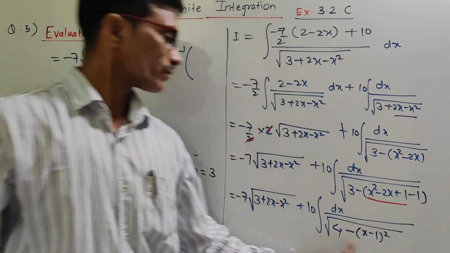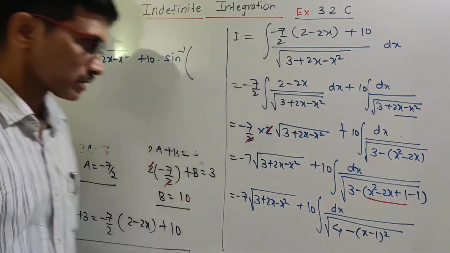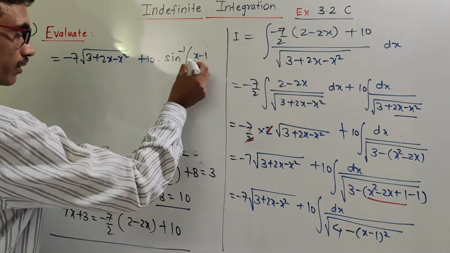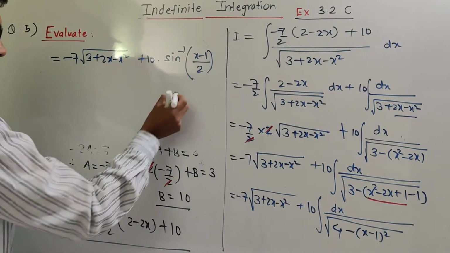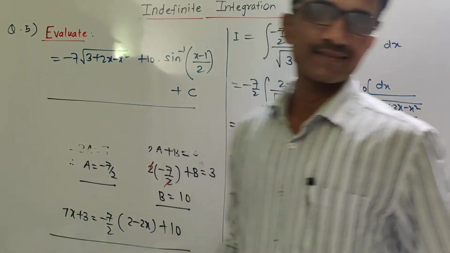So a square minus x square, a square means 2 square minus (x minus 1) square. So x upon a, that is (x minus 1) upon 2, and plus c will be the answer of this question.